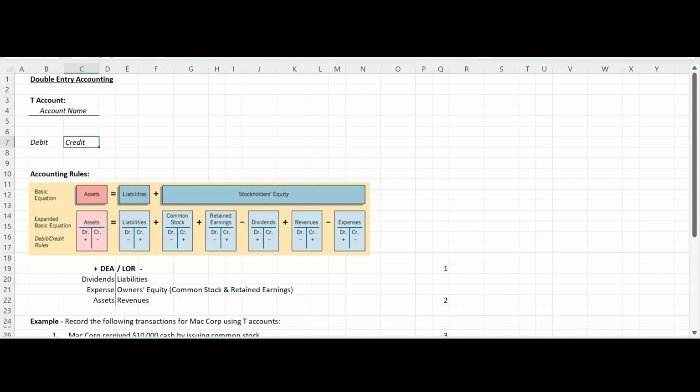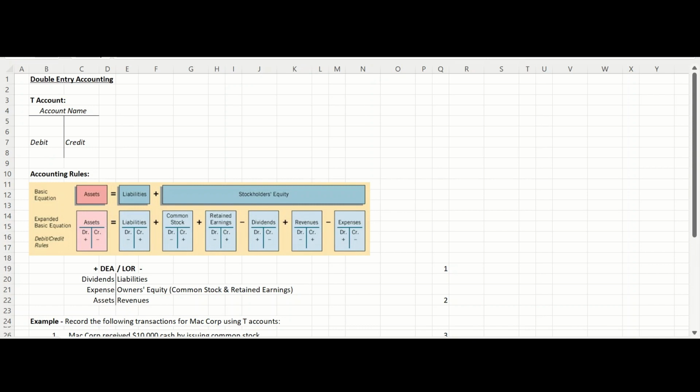So to calculate the balance of an account in this T account mode, we will total the numbers on the debit side, total the numbers on the credit side, subtract the smaller number from the larger number, and then draw a line close to the bottom of that T account and write the difference between the smaller and larger number on the side of the larger number.